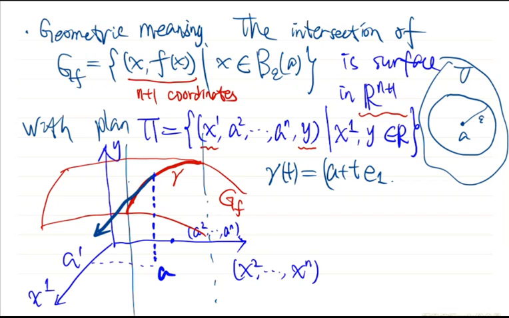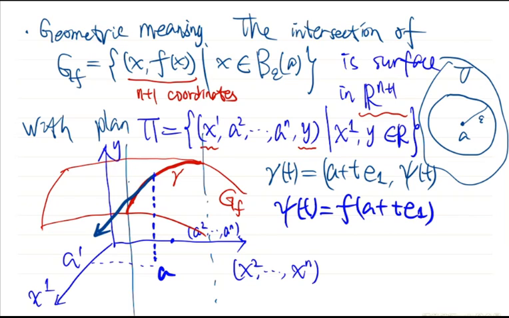What is φ(t)? φ(t) is f(a + t e1). In the definition it is t e_i, but for simplicity, we consider the case i equal to 1.